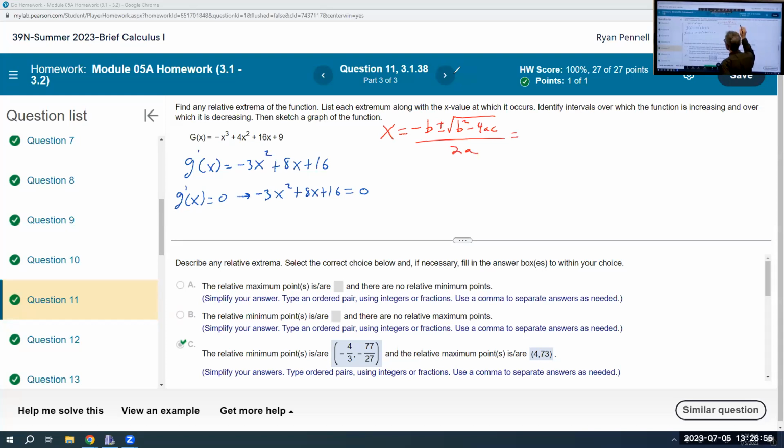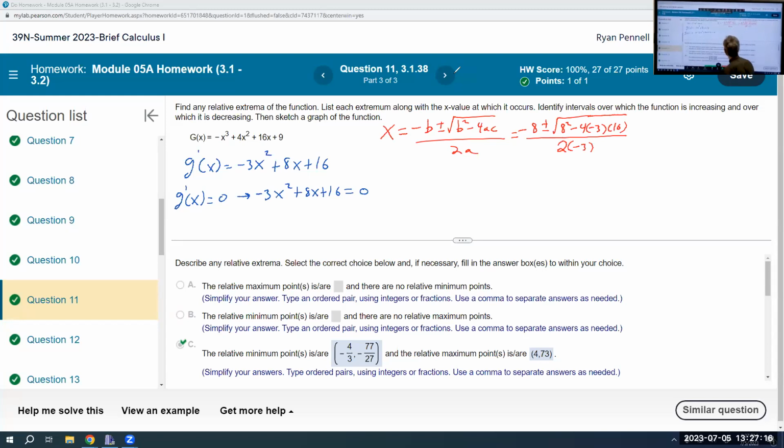If that's the formula, I guess this would be -8 plus or minus the square root of 8 squared minus 4 times -3 times 16, over 2 times -3. That ought to do it.